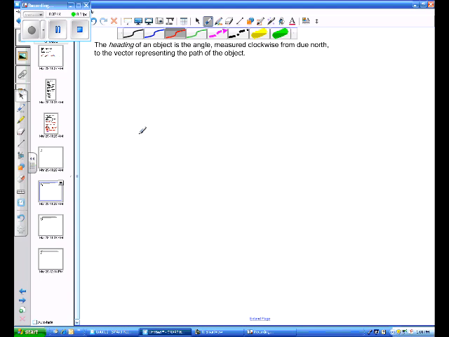So if we're using this, if we wanted to draw the heading of 80 degrees and our vector, the length of it's 20 miles. We're going 20 miles in a direction of 80 degrees, or a heading of 80 degrees. Okay, we think of north, and let's make that a little better.